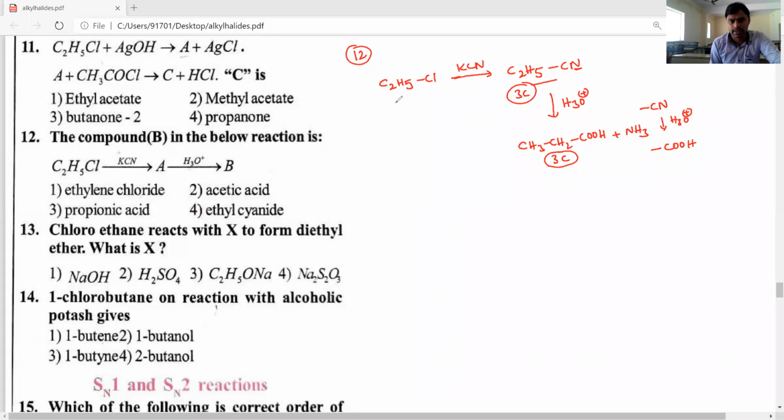For example, in the same way, it is treated with AgCN, silver cyanide, to produce ethyl isocyanide. CH3 bond CH2 bond NC, ethyl isocyanide. This ethyl isocyanide on complete hydrolysis in acidic medium is converted into CH3CH2NH2, primary amines.